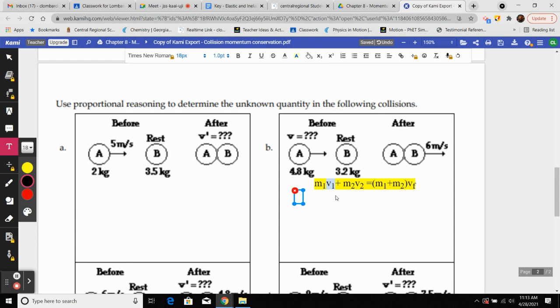Okay, so now what I'm going to do is I'm going to start plugging away. I should have 4.8 times V1 plus 3.2 times 0 equals the mass of the first guy, which was 4.8, plus the mass of the second guy, 3.2, times 6.